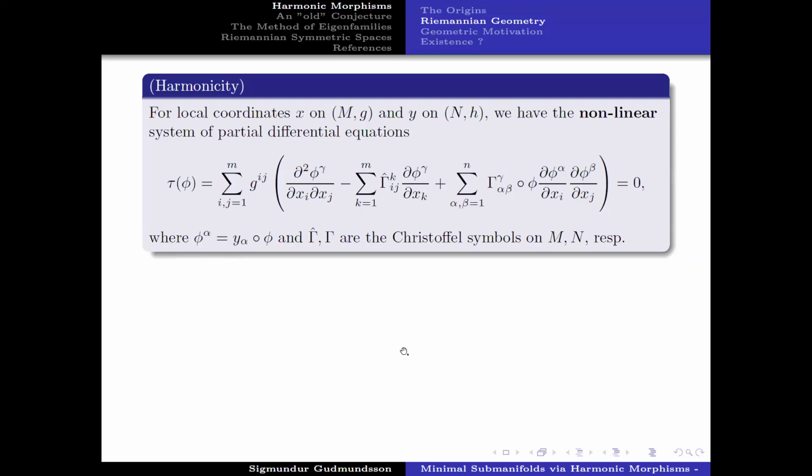Another question is, have you ever tried to understand the topology of these minimal submanifolds? The problem is that in the non-compact case some of them are complete, but topological questions are mainly interesting in the compact case.